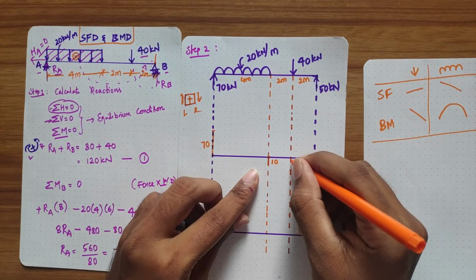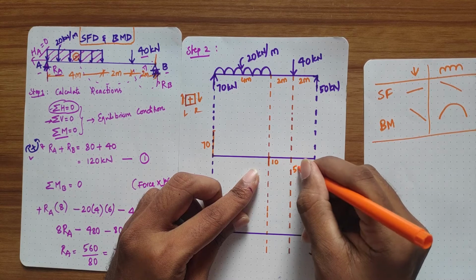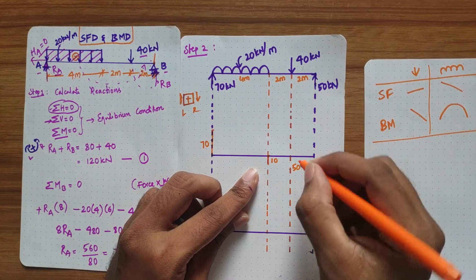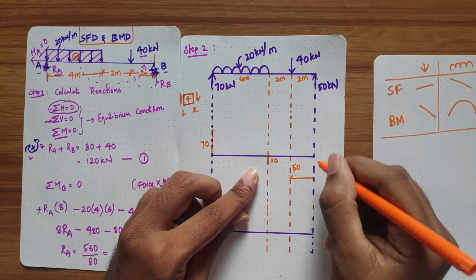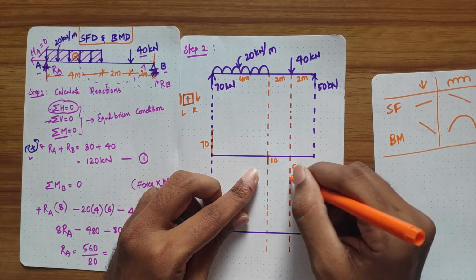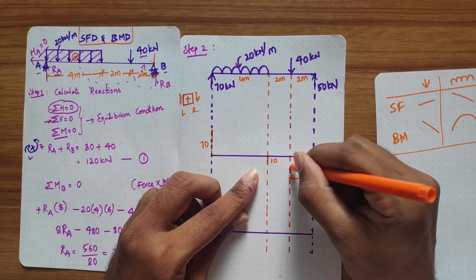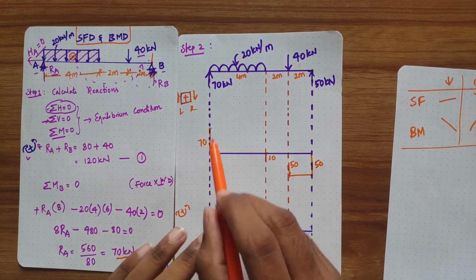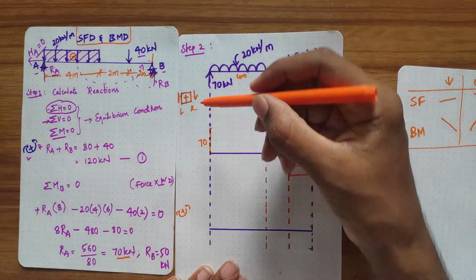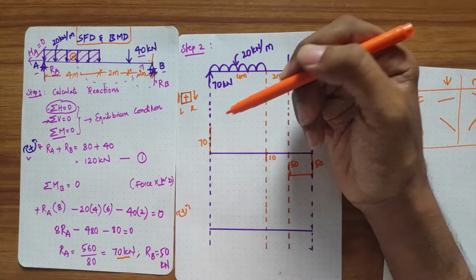Again we have minus 40. So minus 10 minus 40 is minus 50. It will be around somewhere up to here. Finally we will add the reaction 50. Now listen again. First, we have the reaction here, upward 70, so we represented it directly.